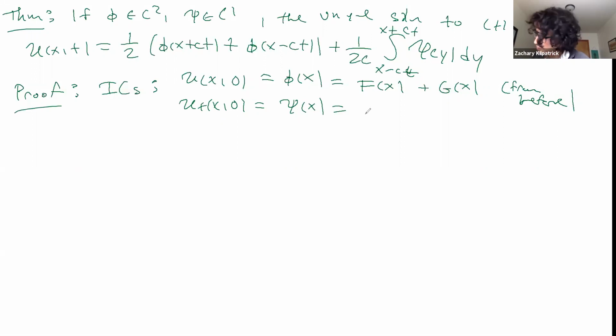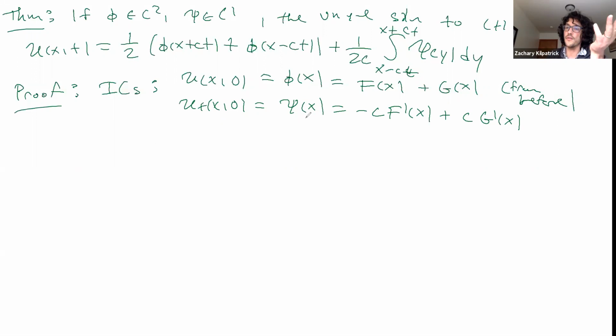So that's equal to minus c f prime of x plus c g prime of x, right? This needs to be equal to psi of x. So again, this is just plugging in the general form of our solution. And we're going to back out what the form of f and g is from this, okay?